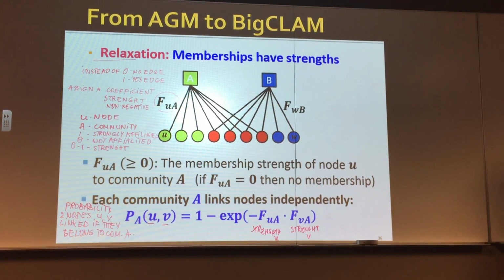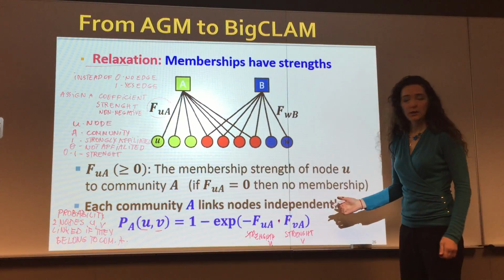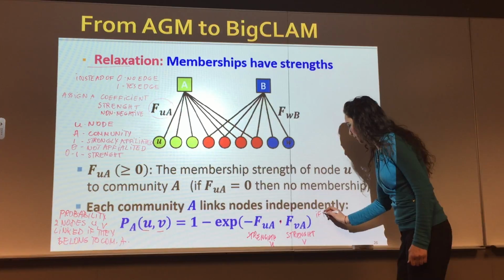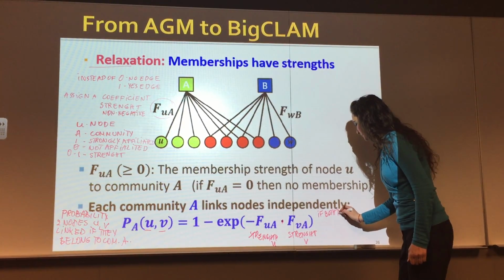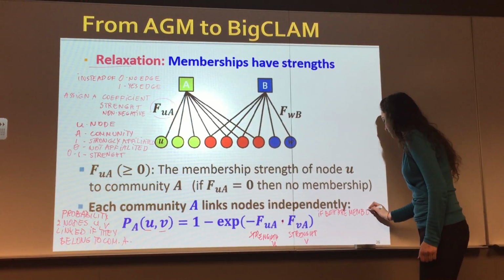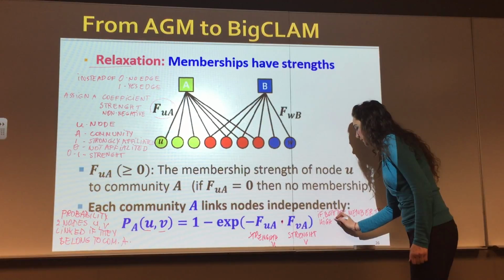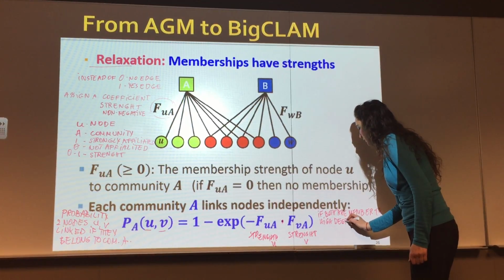And because it's a product, if both are members to a high degree, then the product will be large.